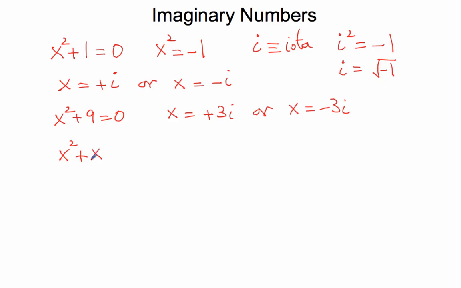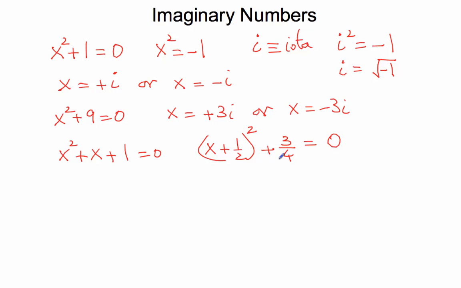x squared plus x plus 1. Now, that's a little bit more complicated, but it's actually very similar to this, because we could write this as x plus a half squared plus 3 over 4 is equal to 0.